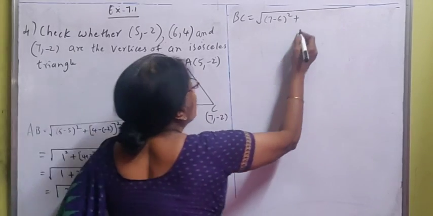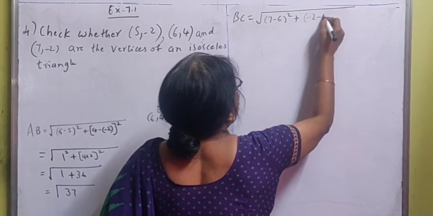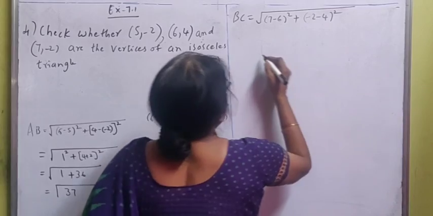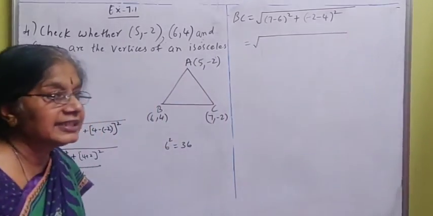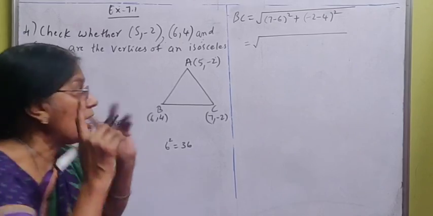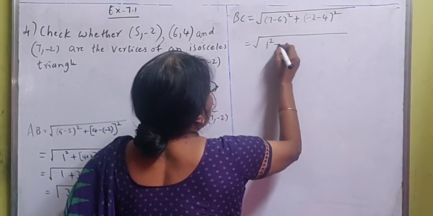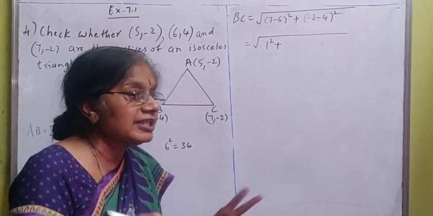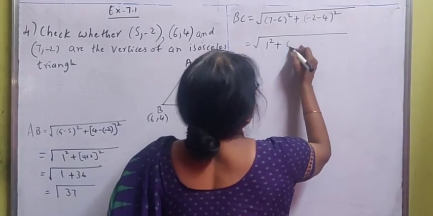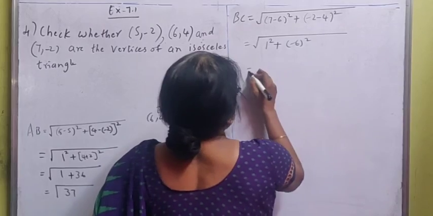So what will it become? (Minus 2 minus 4) the whole square, plus (7 minus 6). How much is 7 minus 6? 1. So we get 1 square plus (minus 2 minus 4). Two negative numbers: add and keep the negative sign. So minus 6 the whole square.